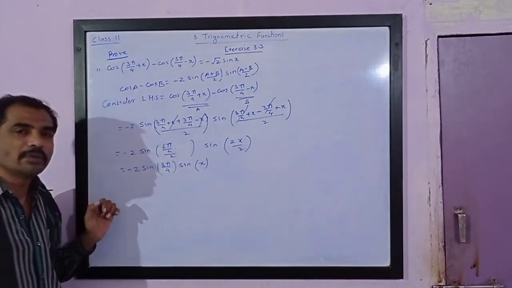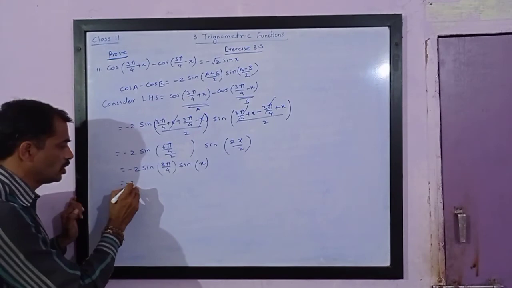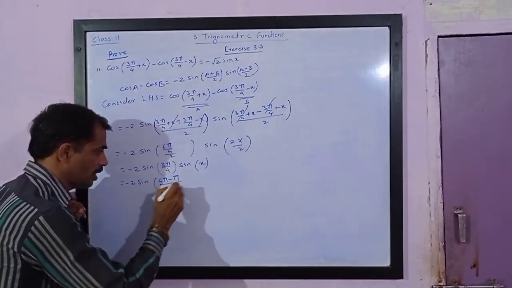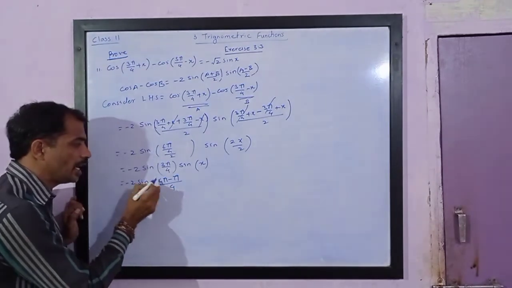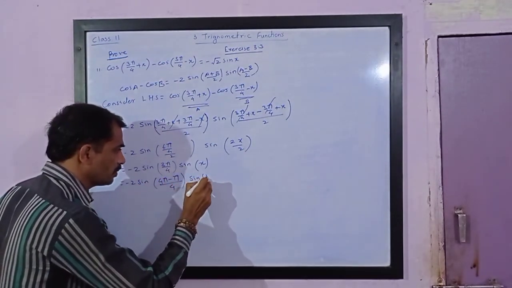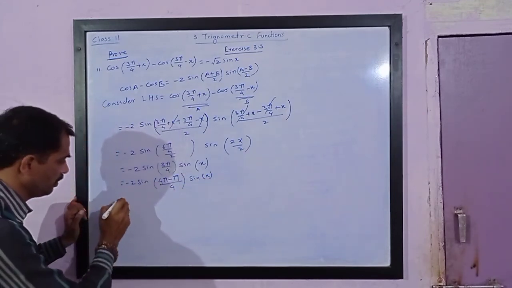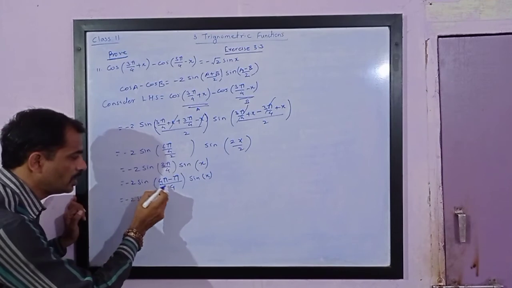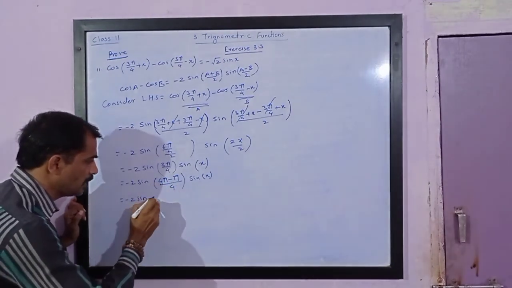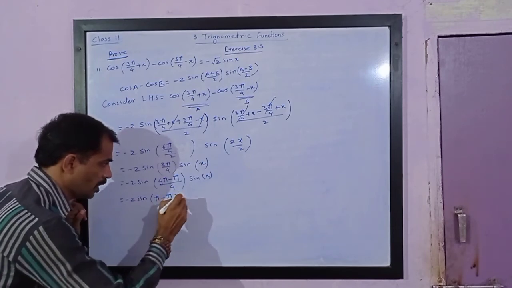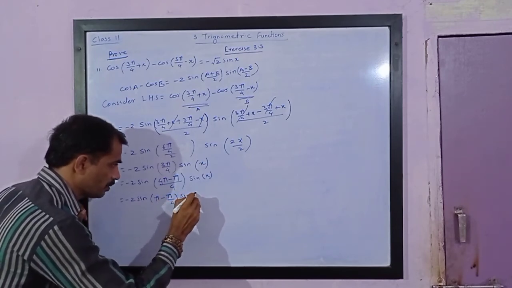We have solved some problems like this earlier. So this is equal to minus 2 times sine of (4 pi minus pi) upon 4. Why 4 pi? We are arranging in terms of the denominator into sine of x. So this becomes minus 2 times sine of pi minus pi upon 4, into sine of x.